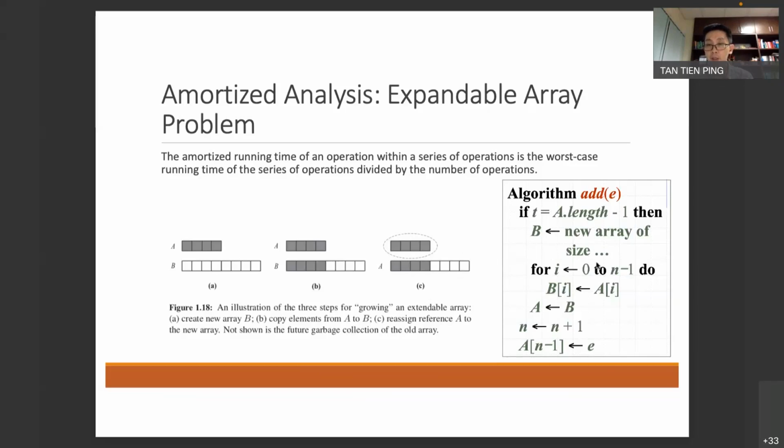Then after that, there is a for loop that will copy the items from A to B. So it's equivalent to figure B over there. And then we dereference. After we copy all the items, we set array B as A, right?